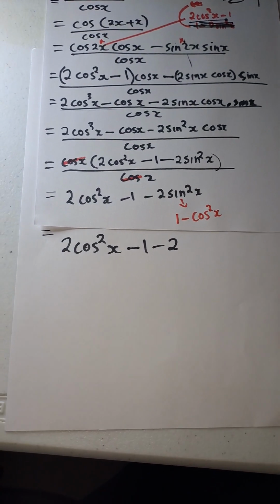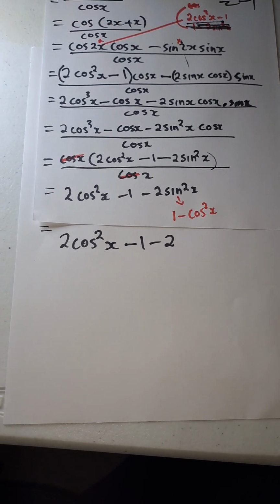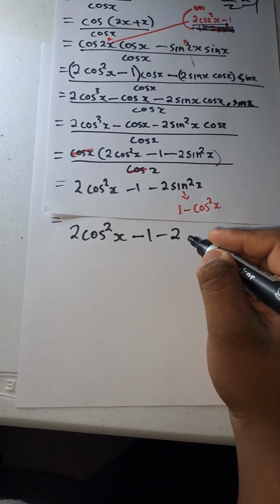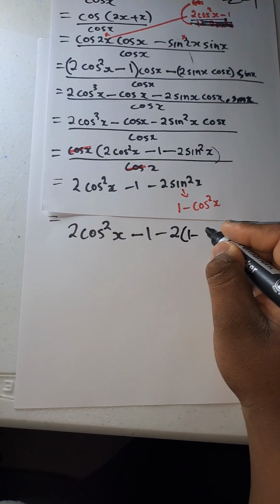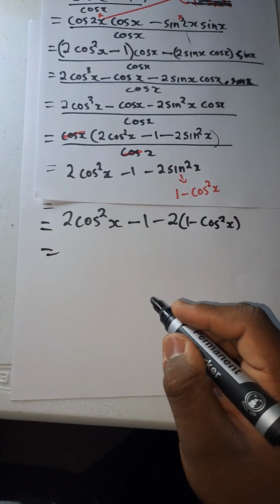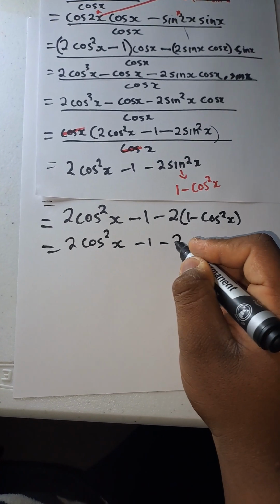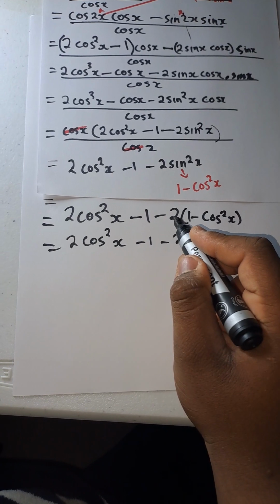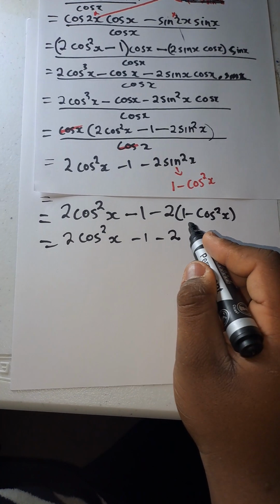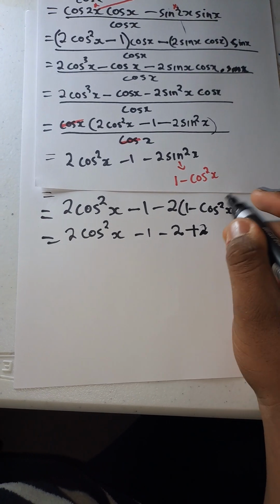Is it fine? So where there is sine squared x, you're going to put 1 minus cos squared x. So now it's going to be 2 cos squared x minus 1 minus 2 times 1, which is minus 2, and then minus and minus is plus 2 cos squared x.